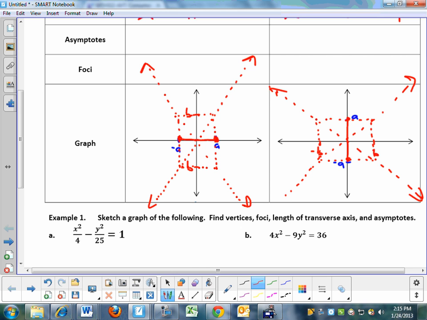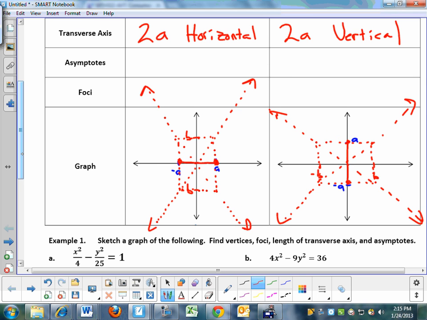Now, in order to write an equation for a line, I need two things. What two things do I need to write an equation for a line? Starts with S, rhymes with lope, slope. I also need a point on the line. In this situation, what very special point do these all go through? 0, 0. It always goes through the center.